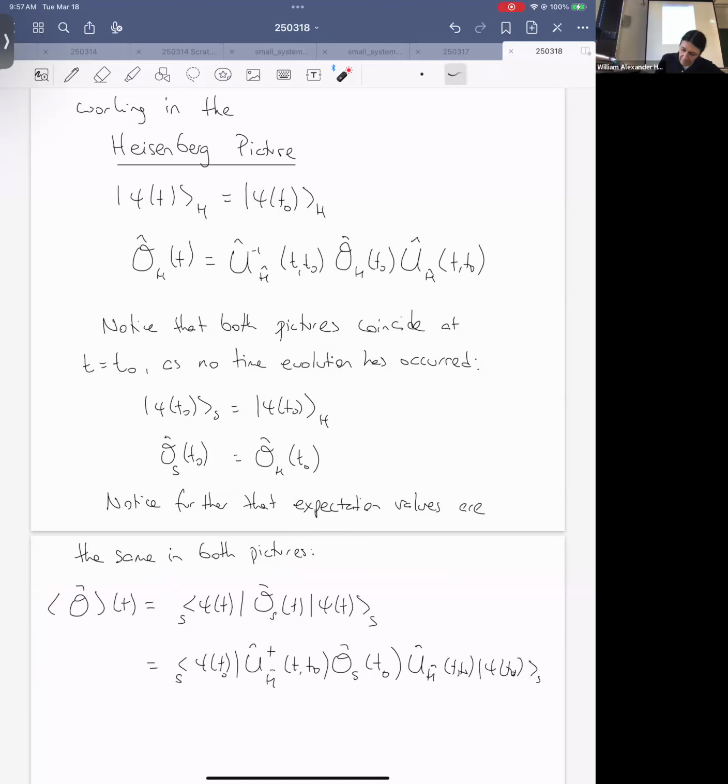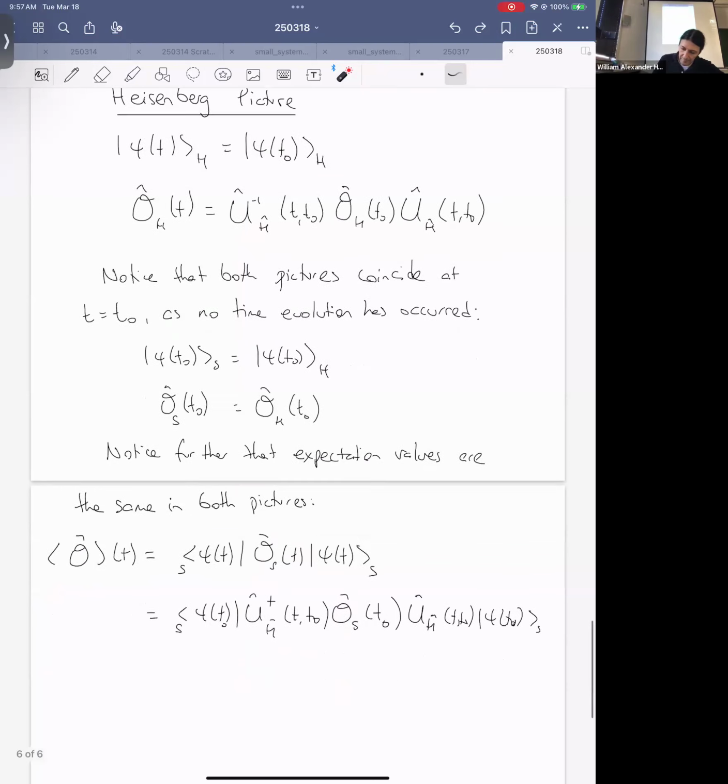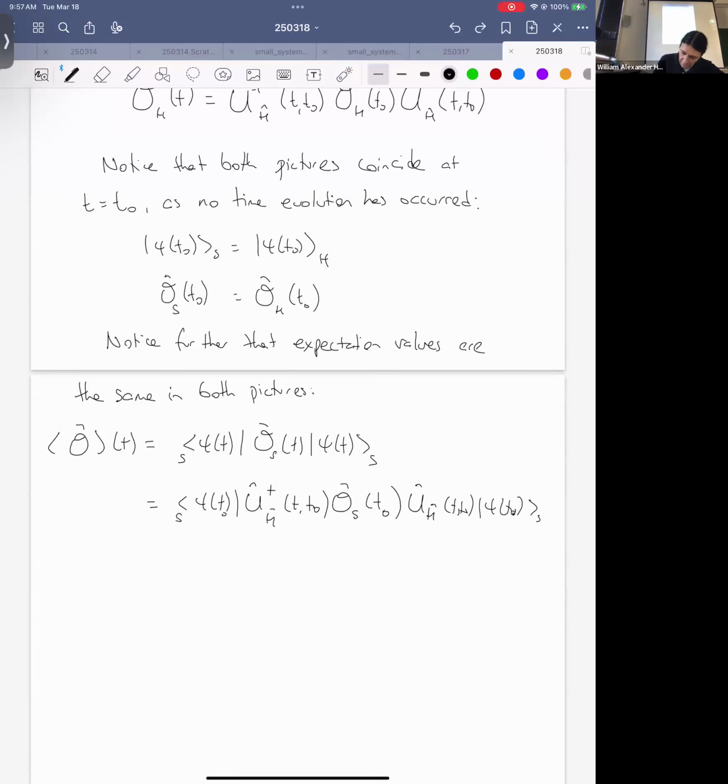Notice what's happening here. It's a little bit subtle. The similarity transform is in terms of inverses. My Schrödinger bra is time evolved according to the Hermitian conjugate of the time evolution operator. But the time evolution operator is not Hermitian, it's unitary.